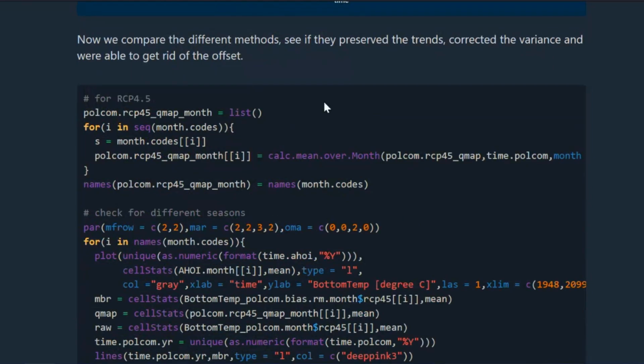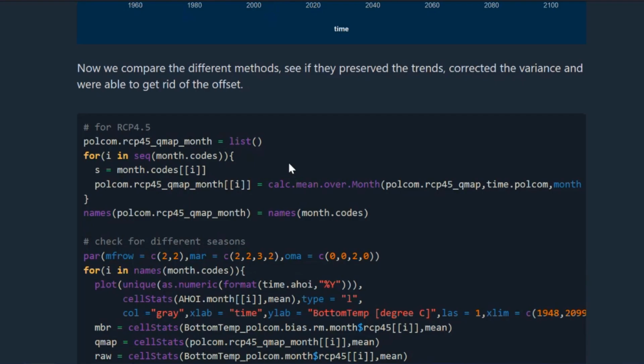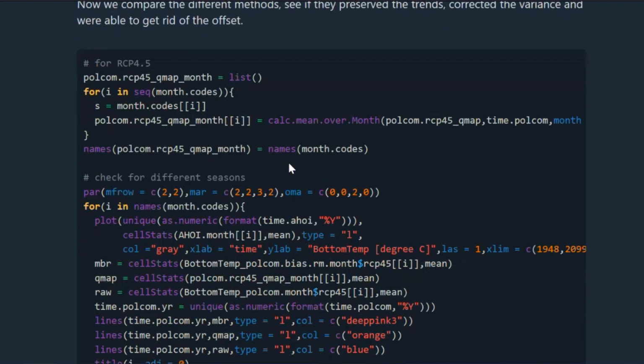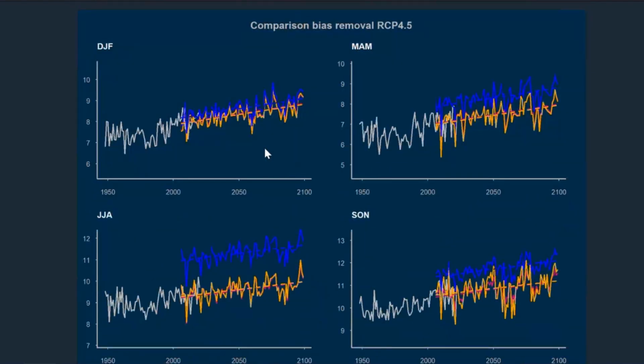We can now look again at the monthly aggregated time series when we do it over the seasonal pattern.